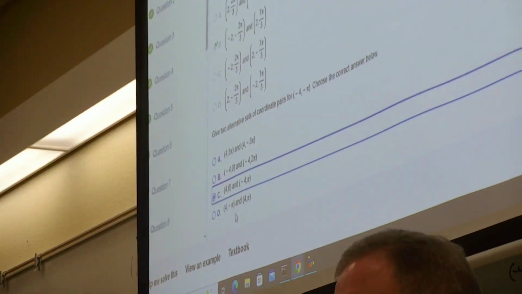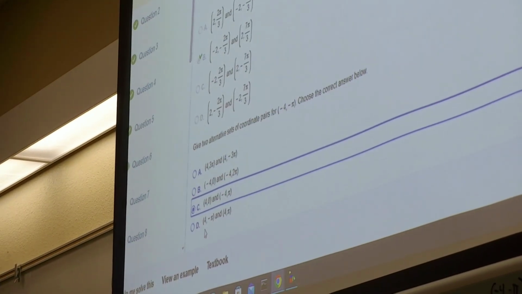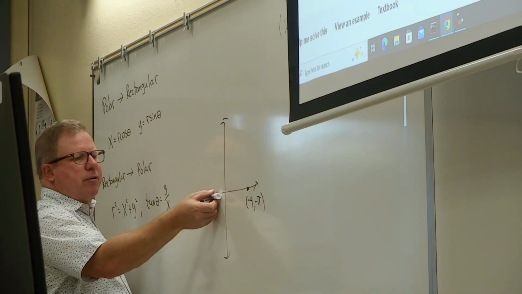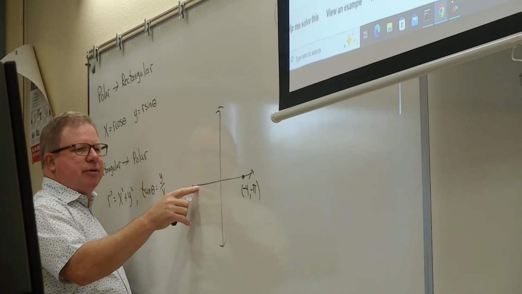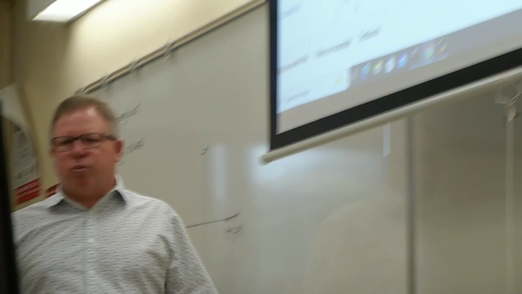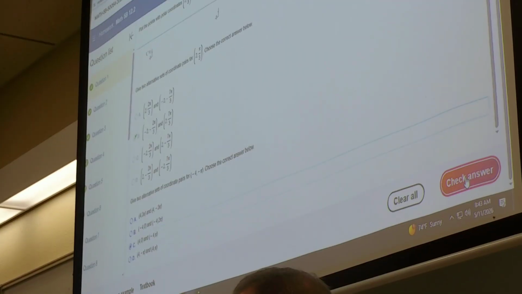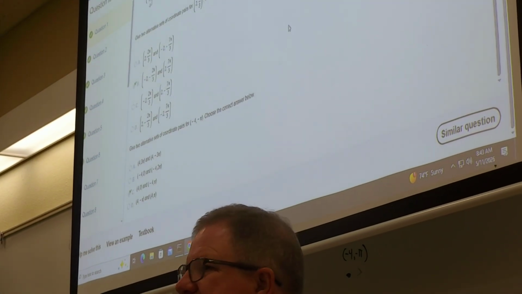Let's just look at D, see what's wrong with it. 4, -pi. -pi puts us over here. 4 is distance from the origin. It leaves us out here. It doesn't match that, does it? So D is not going to work. Are you guys able to trace that out?